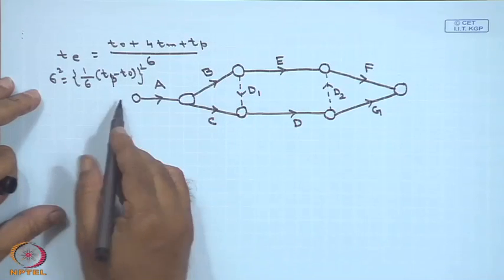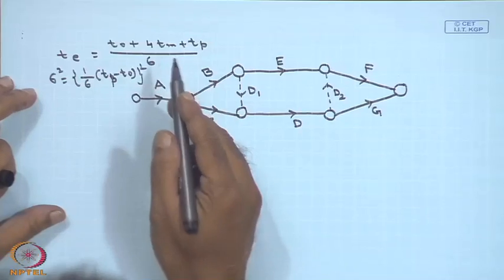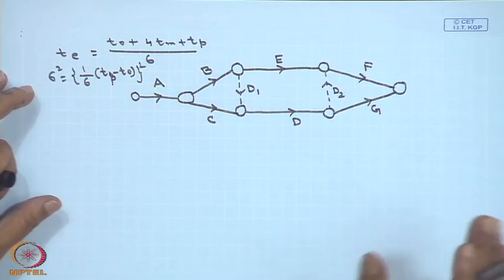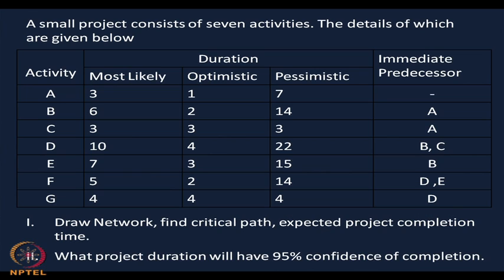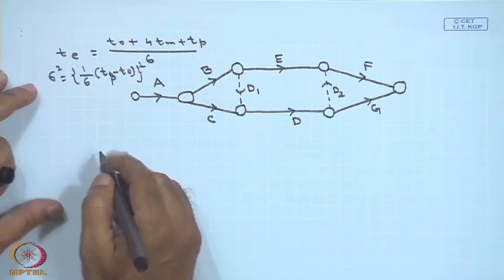So these are the formulas for sigma square and Te. Using these formulas, and if you see the table, in the table you have been given Tp, To and Tm. So now we can form a table this way.